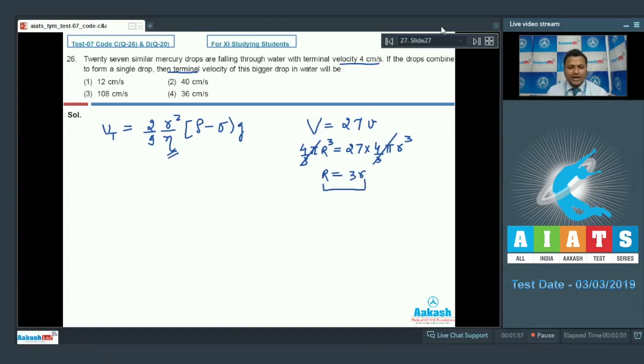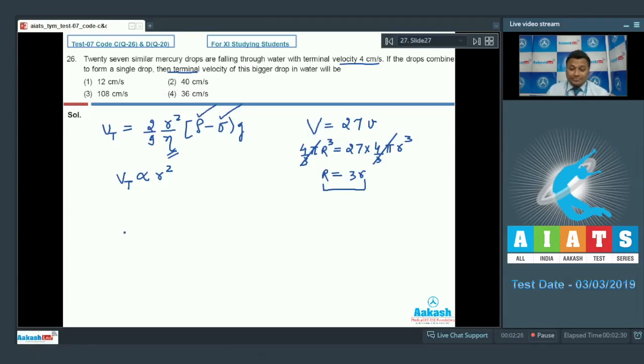Now here the liquid is not changing as well as the drops are not changing. The material is same, so rho is same, sigma is same, g is same. The coefficient of viscosity depends upon the liquid, which is water here, so that is also same. So we can say that the terminal velocity depends directly upon r square.